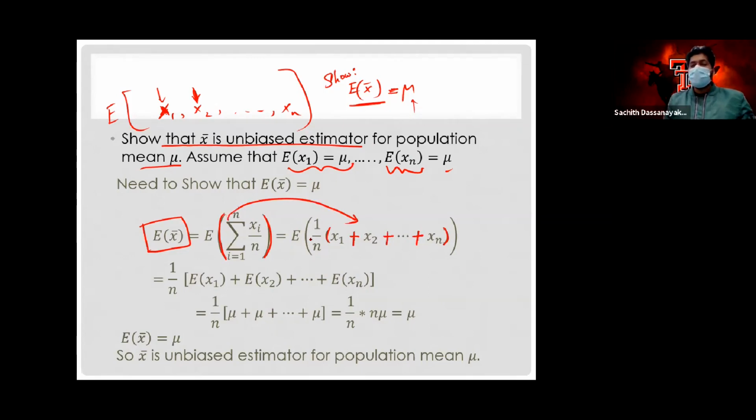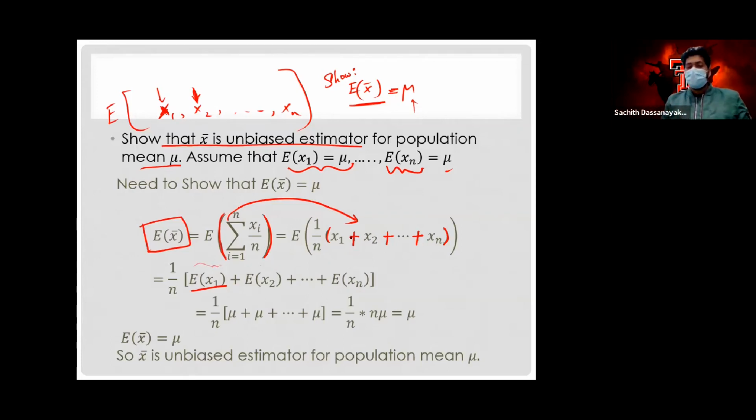Expected value, if you remember, we can give to each of the observations. It's called the distributive law. So we can give the expected value to each of them like this. The 1 over n doesn't matter, it's a constant with nothing to do with the expected value, so we can take it out. So 1 over n times the expected value of x1, plus the expected value of x2, up to the expected value of xn.